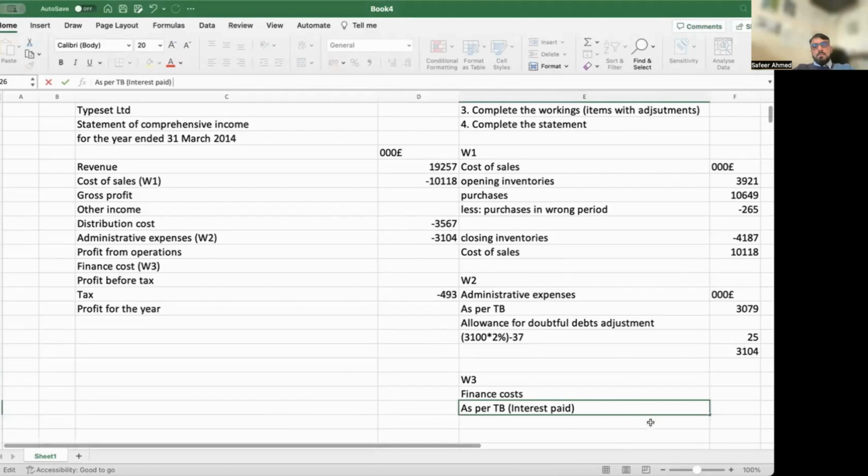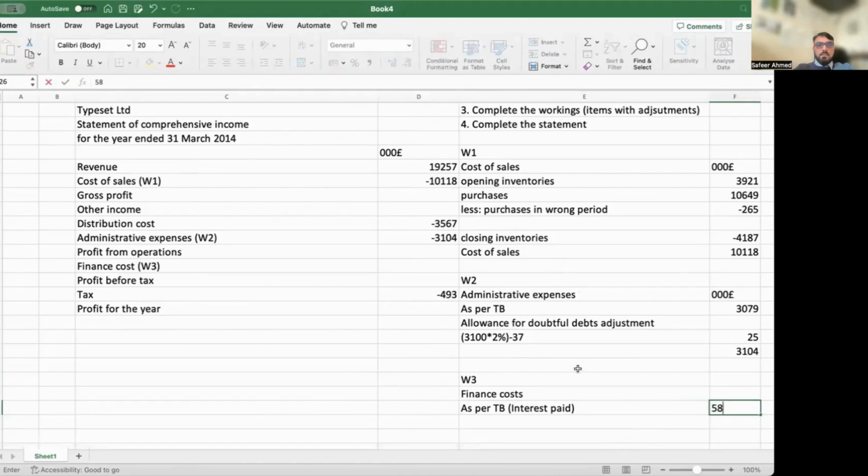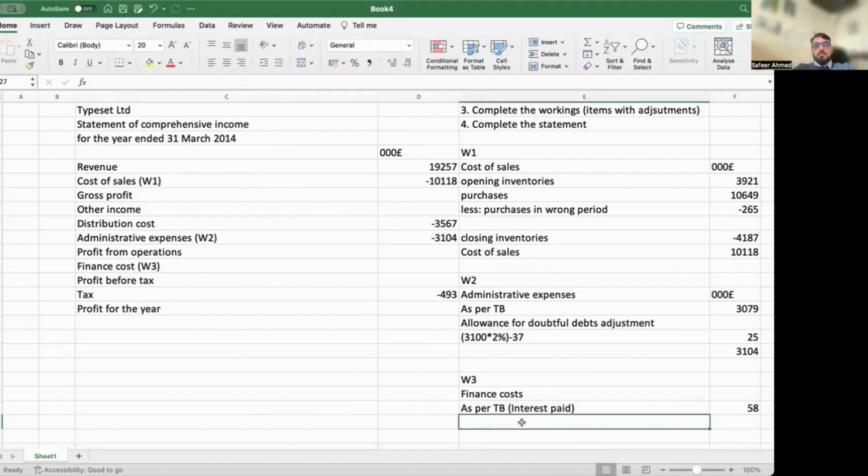Now, remember that what we include here as part of the statement of comprehensive income is the annual amount. So if they've given you 58 for 6 months, that means another 58 for another 6 months. Okay, so we can call that interest accrued.